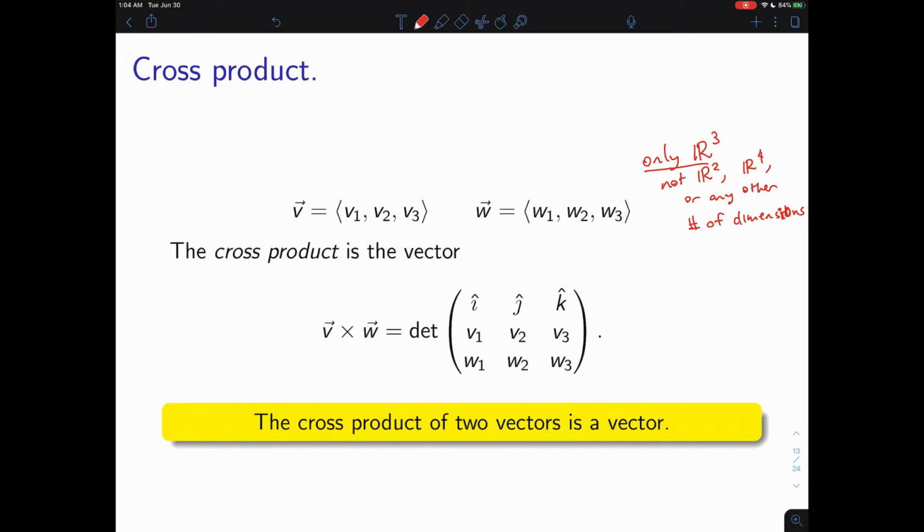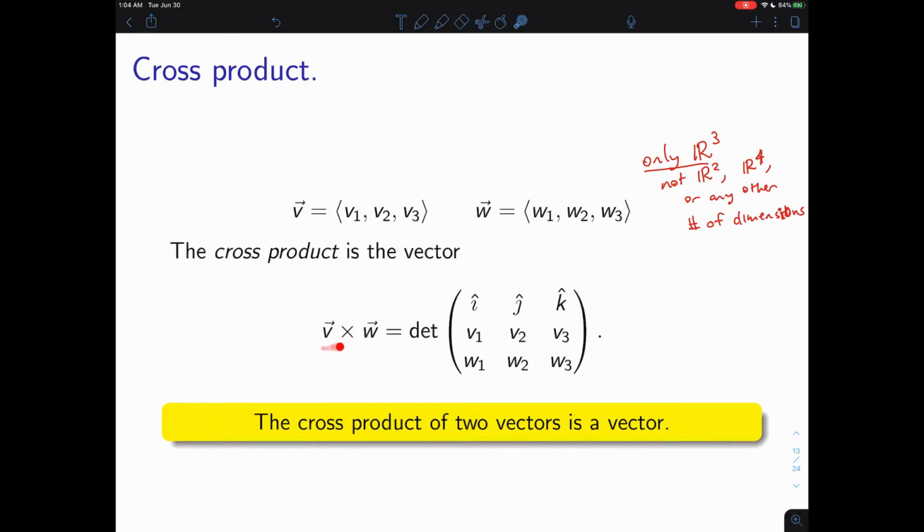Okay, only R3. There are sort of cross-producty things in other dimensions, but it's a whole other story, and I'm not going to get into it right now. Maybe later, or if you ask me about it, I'll tell you. But we're going to focus on the cross product here.